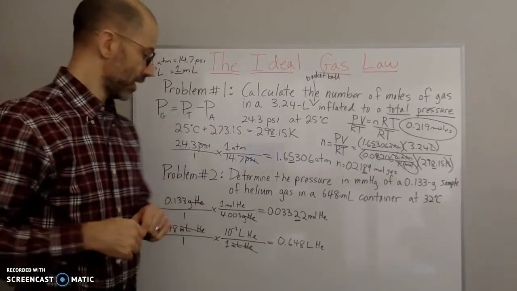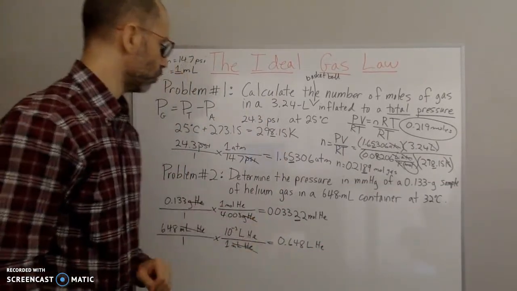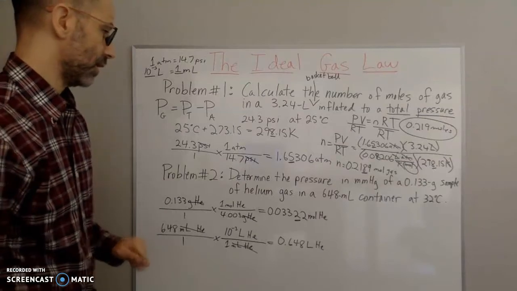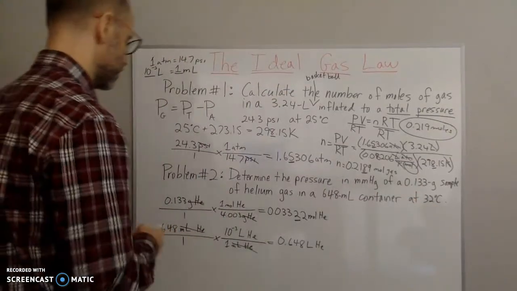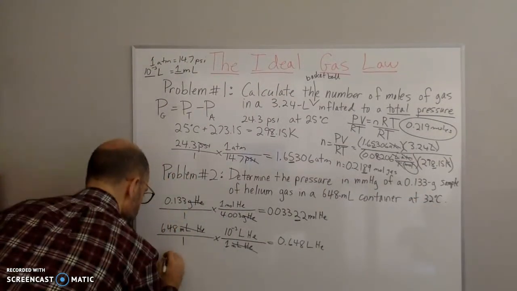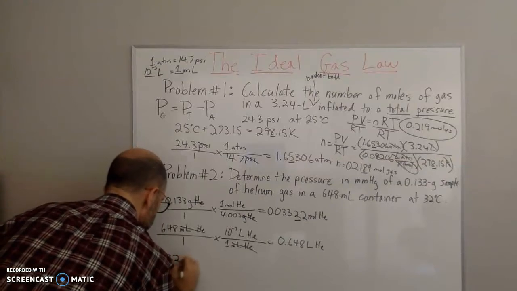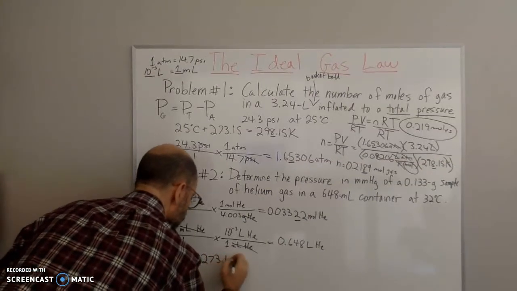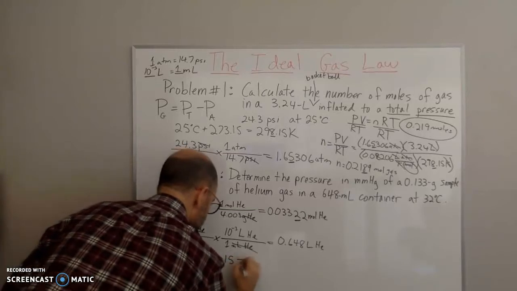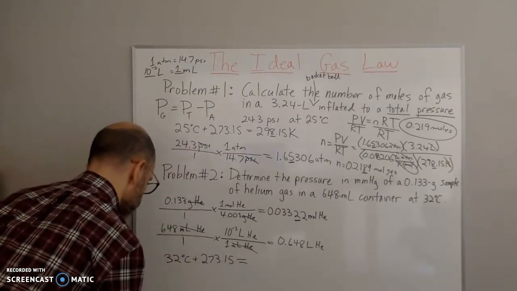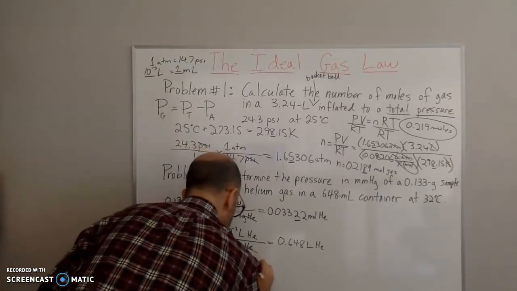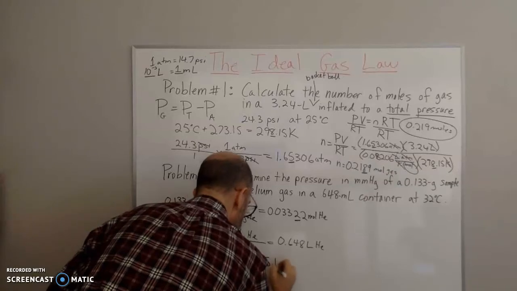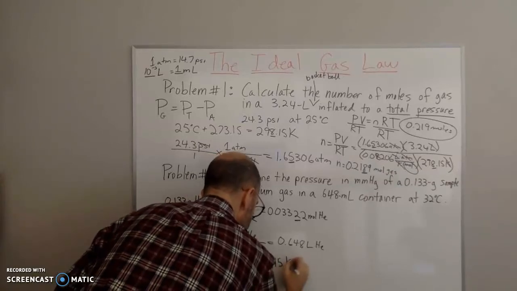So now I have my liters, I have moles, and temperature. They give me 32 degrees Celsius, so I need to convert that to Kelvin. So 32 degrees Celsius plus 273.15, and that's going to give me 305.15 Kelvin.